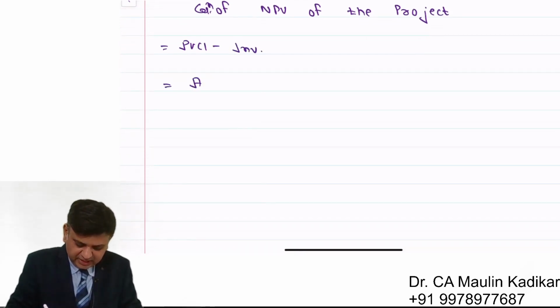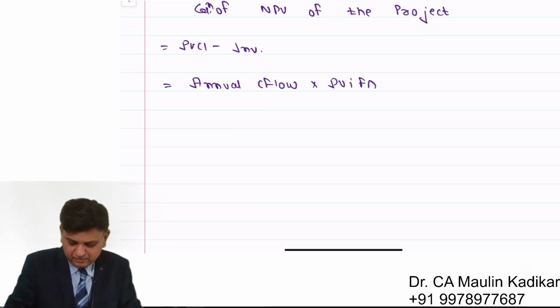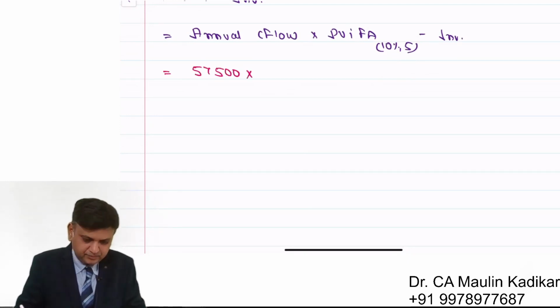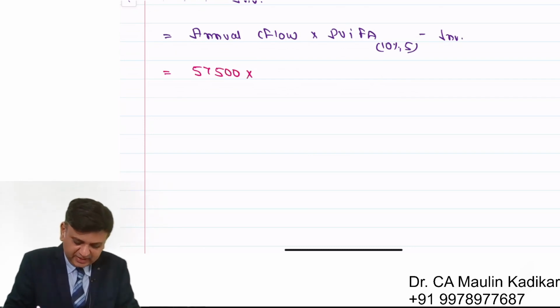It is annual cash flow into PVIFA at the rate of 10% for 5 years minus investment. 10% 5 years factor summation is 3.791.